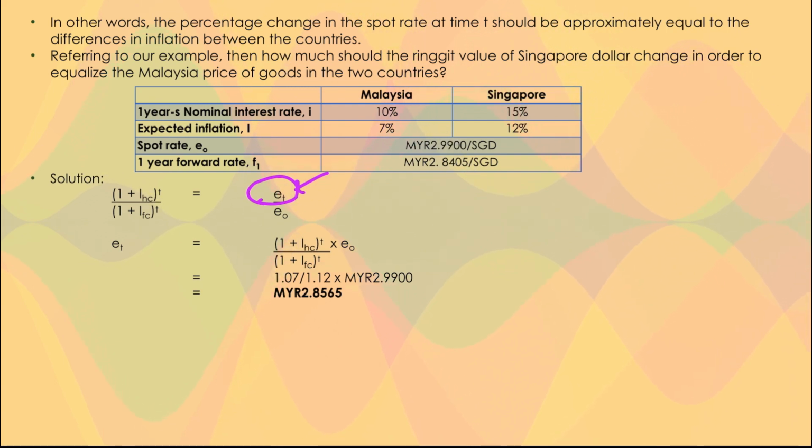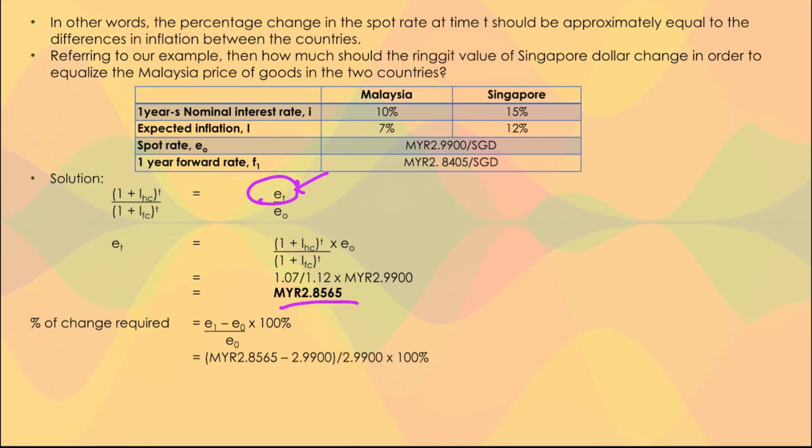So Et equals (1 plus expected inflation of home currency) divided by (1 plus expected inflation of foreign currency) times the spot rate. After we calculate, we find the value of the expected, or future, spot rate is 2.8565, meaning that the Malaysian ringgit has appreciated in value.